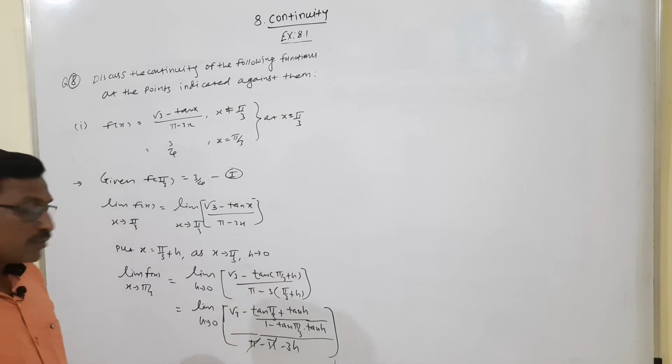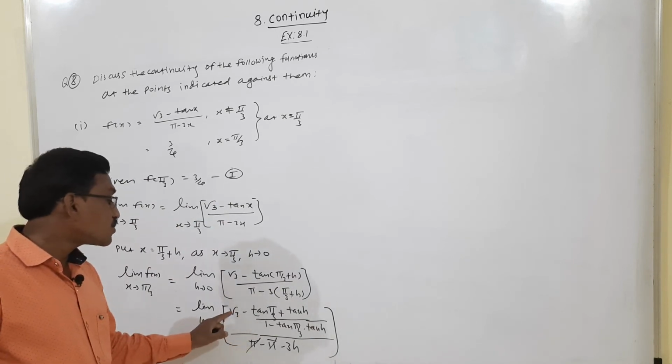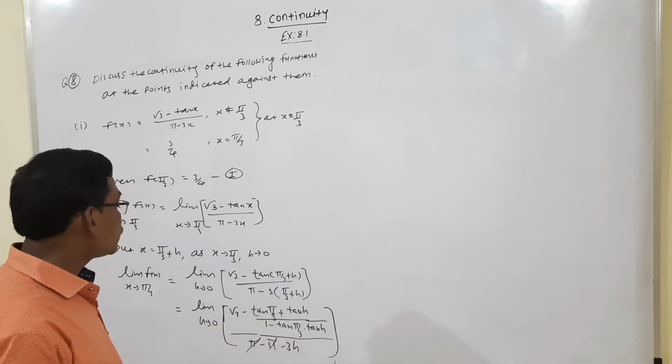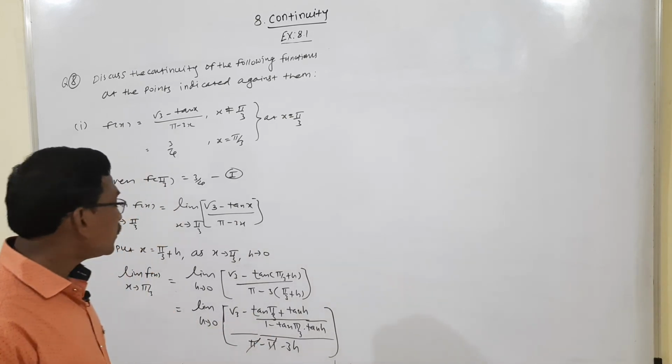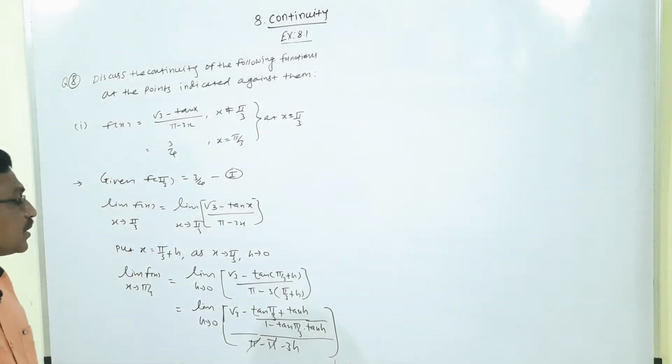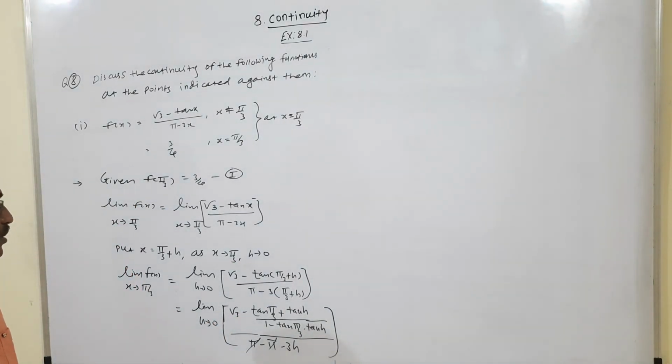Now we do cross multiplication with root 3 on the total terms, but we know that the value of tan pi by 3 is root 3.